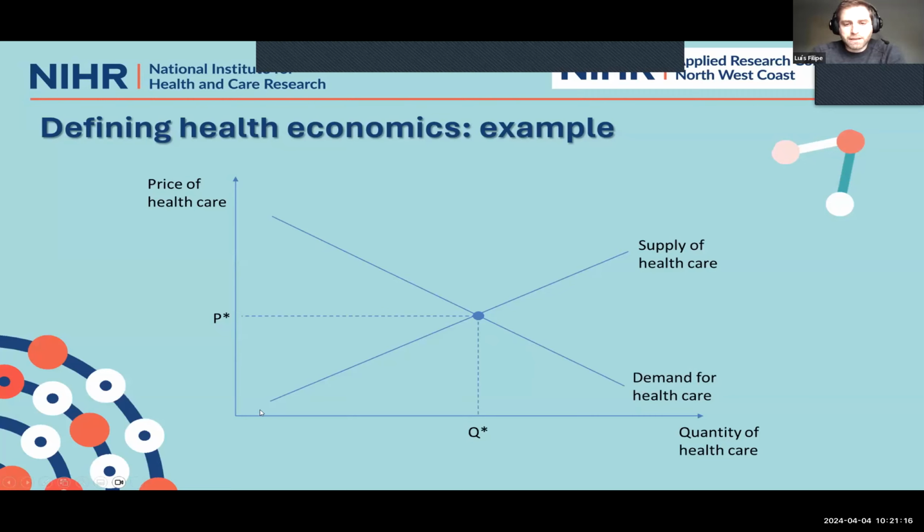Now, the other one is a little bit trickier, but intuitively it shouldn't be that hard. You usually have a supply which has the opposite direction. The higher the price, the more the supplier is willing to sell. The lower the price, the less the supplier is willing to sell.